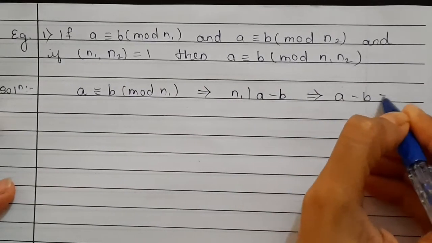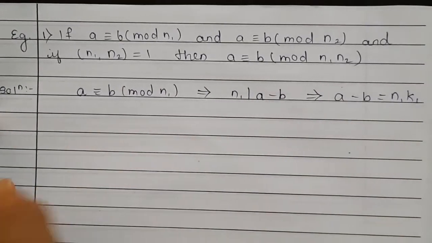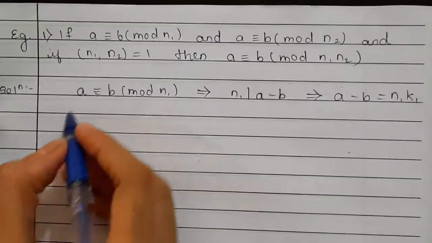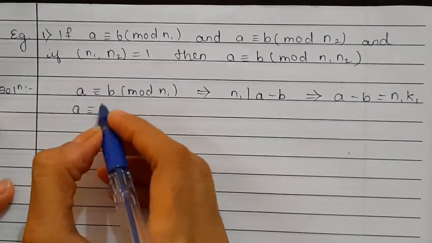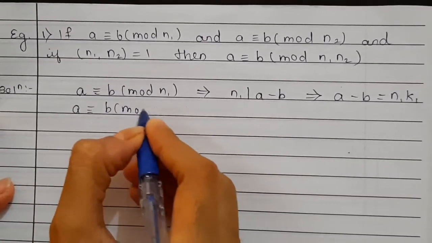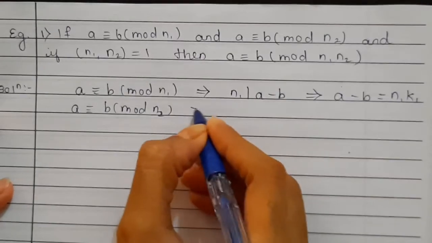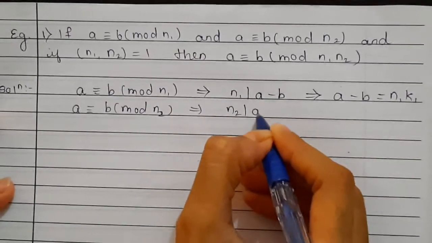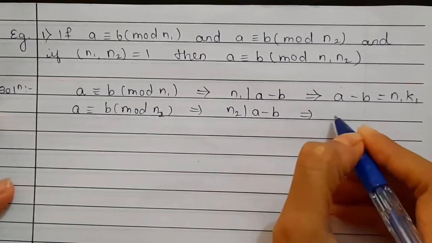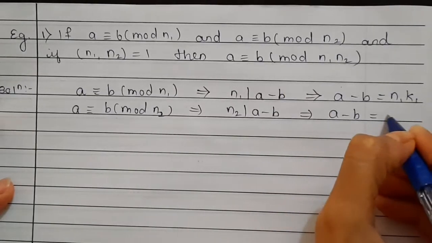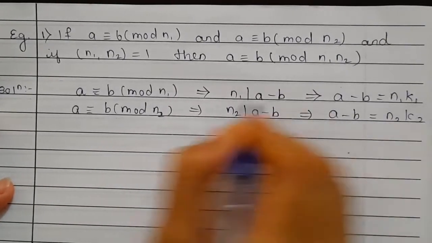which means a minus b is equal to n1 k1. Similarly, we write a is congruent to b mod n2, which means n2 divides a minus b, which implies a minus b is equal to n2 k2.